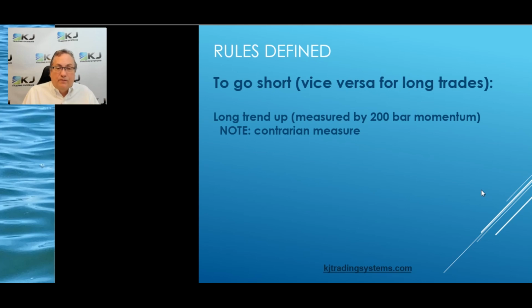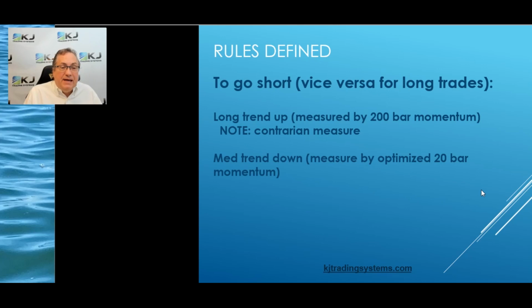Now, more detail on the rules. You want a long-term uptrend. This is kind of a contrarian measure, because you'd think of an uptrend, you want to go long. I'm going short. It's measured by the 200-bar momentum. Then the medium trend, I'm going to use an optimized value somewhere around 20-bar momentum. That's going to be down.